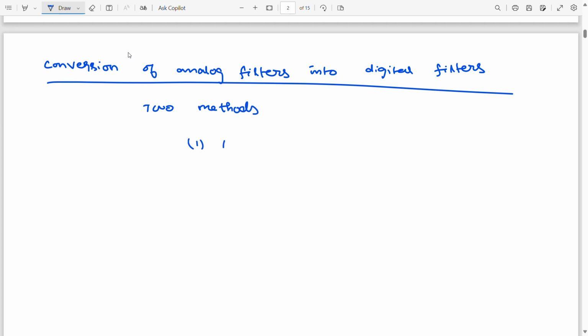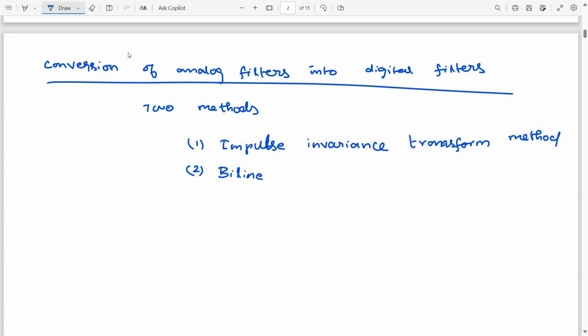One is impulse invariance transform method, and another one is bilinear transformation method.